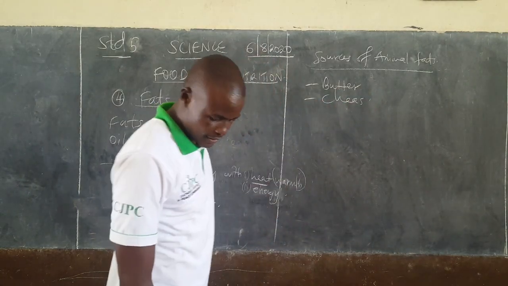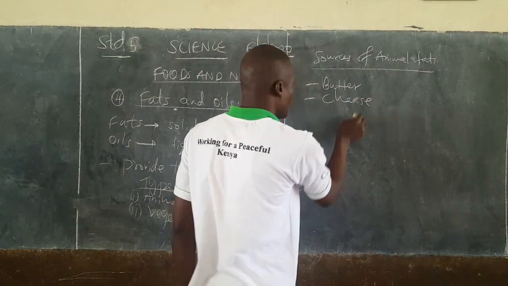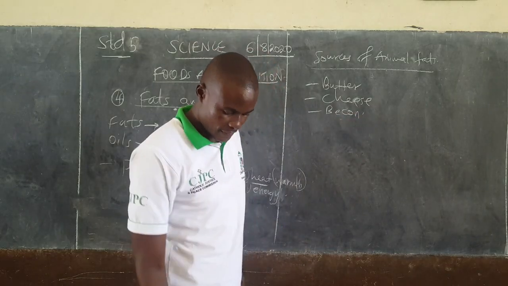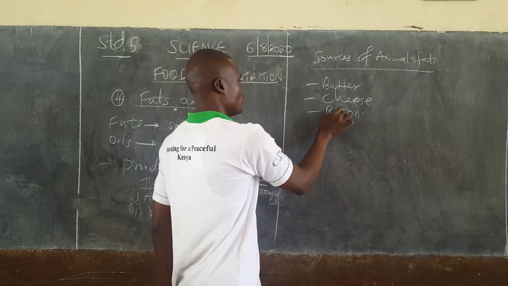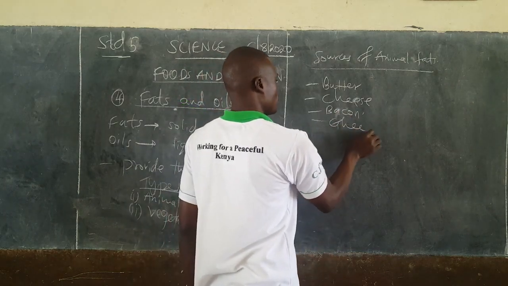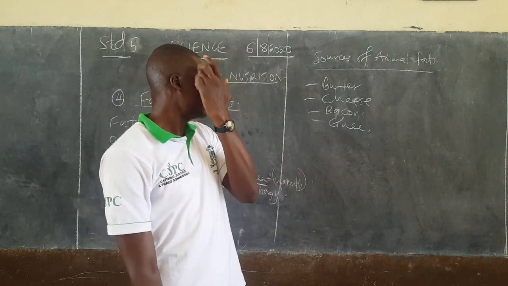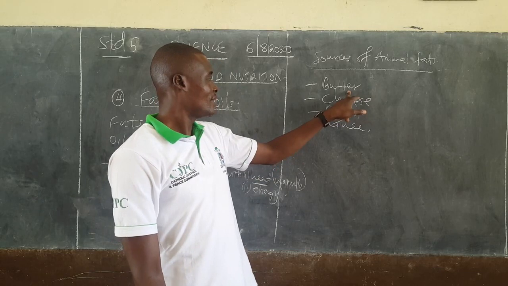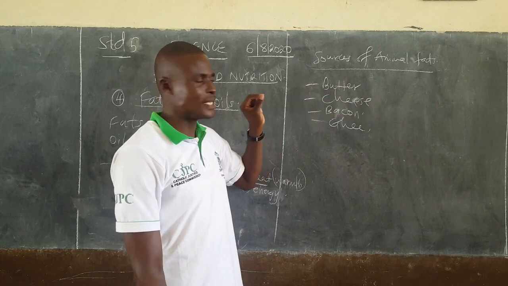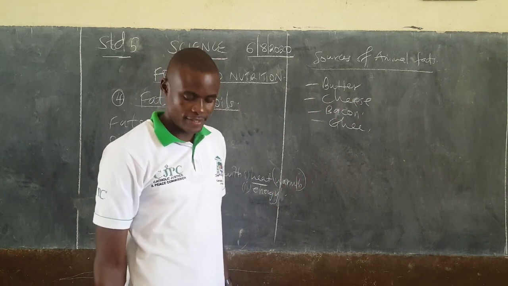And then we have bacon. Very important. After bacon, we have ghee. So these are the sources of animal fats: butter, cheese, bacon, and ghee.